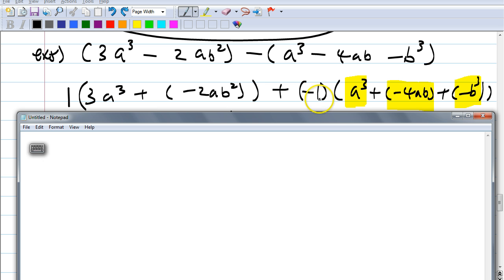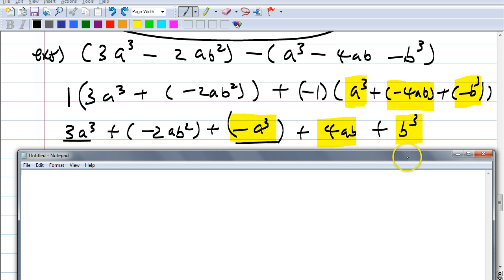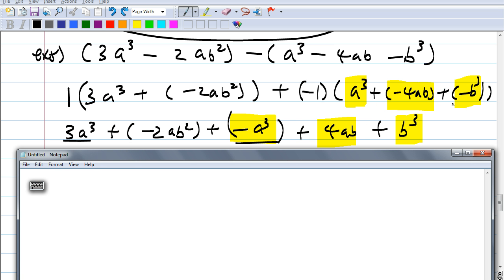Plus then what, William? Good. Is that all? Plus what? You gotta distribute -1 to this one now. 4ab plus b cubed. You see how it became opposite of whatever we had in there?